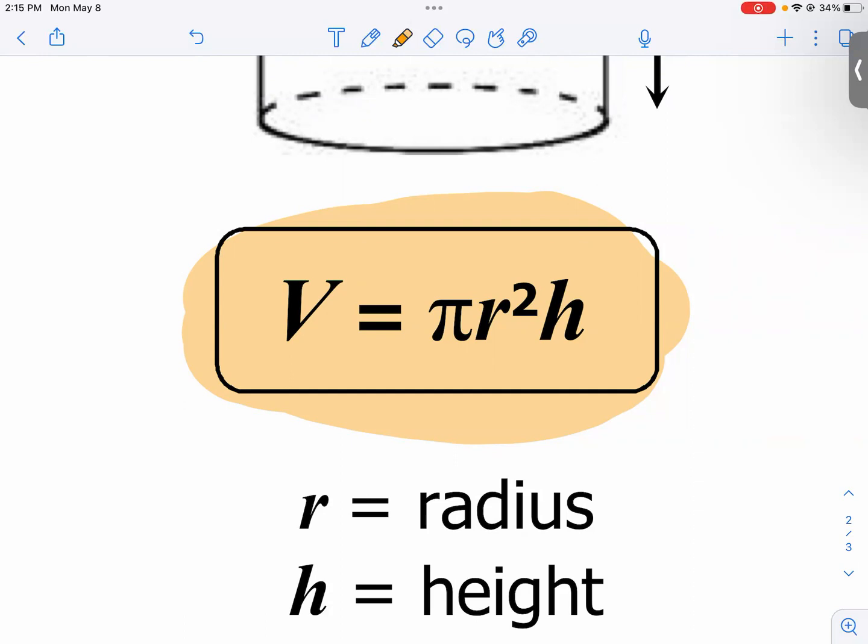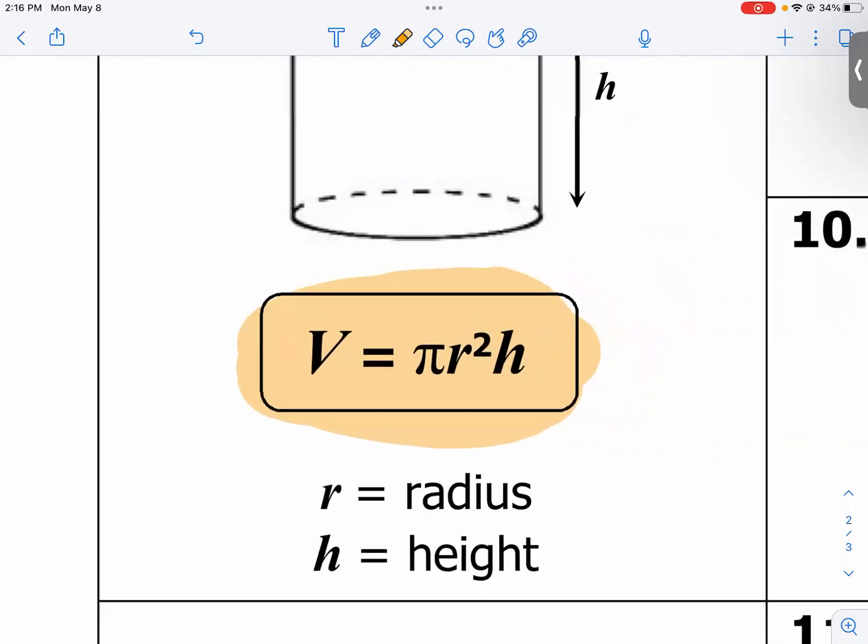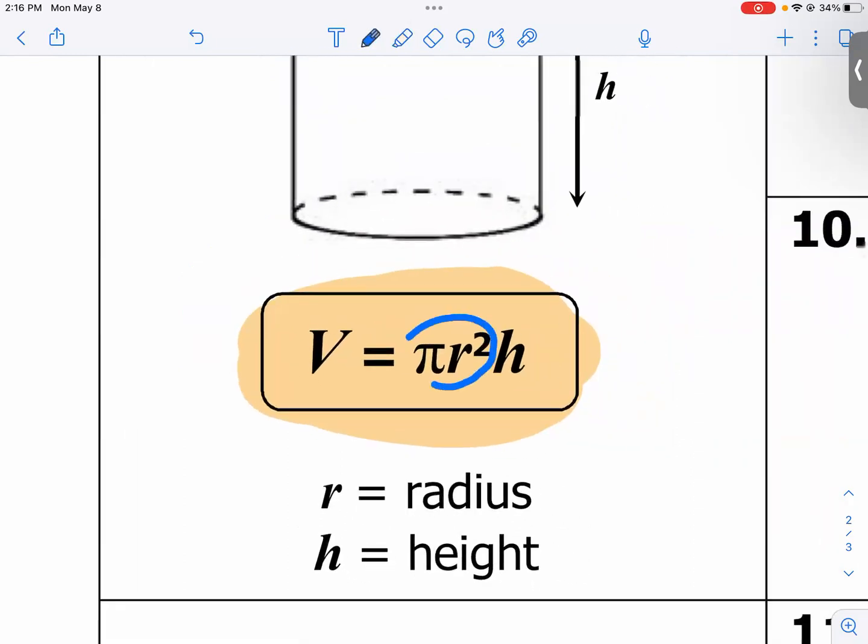Everyone look up here because I have a lot of eyes wondering. Area of the base times the height. The surface area. This is a circle. Surface area 2 pi r h.